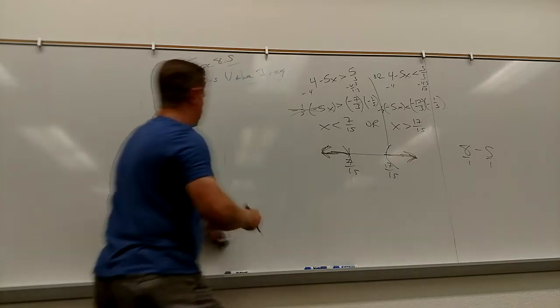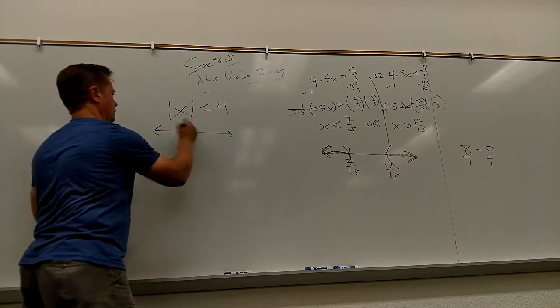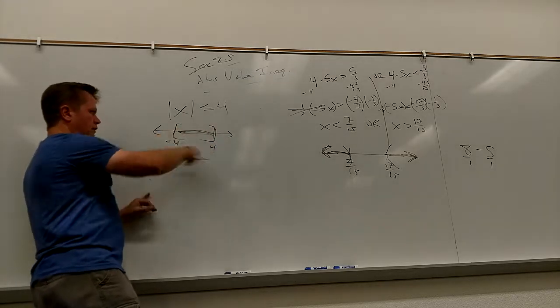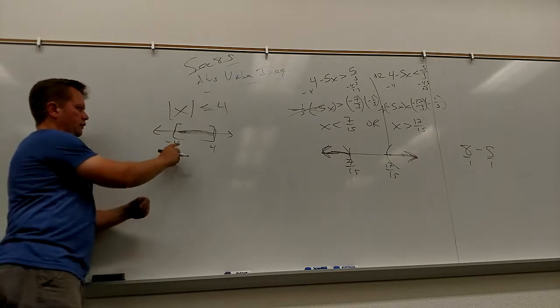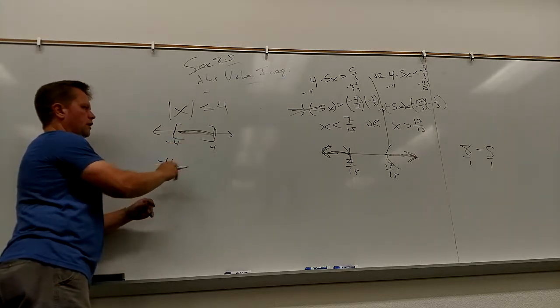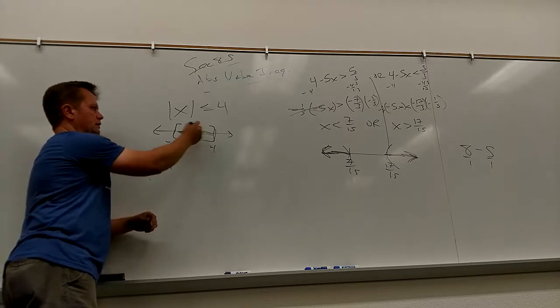Now the other one is kind of nifty. Remember this one we had earlier, and it was this. How would you write this algebraically? -4. Bracket. Not interval notation. Algebraically. -4. Where's x's? In here.